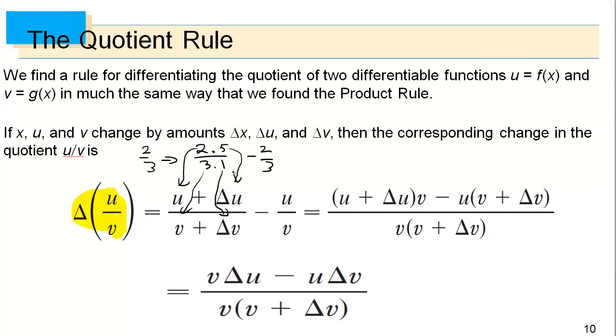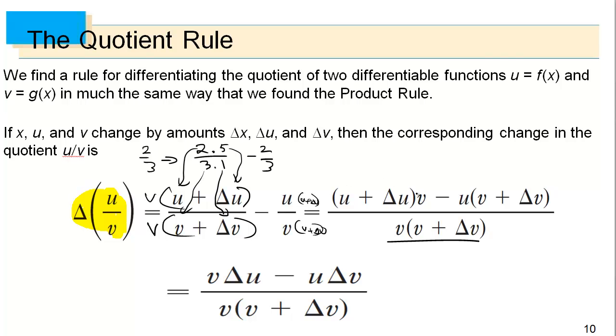Okay, well, if we want to write this as one big old fraction, we got to do a common denominator, which means multiplying this thing top and bottom, on the bottom by v, right? Top and bottom, v over v, and then this thing top and bottom by v plus delta v. And that's where we get this. U plus delta u times v minus u times v plus delta v all over the product of those two things.